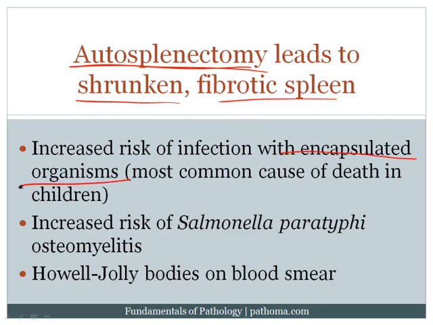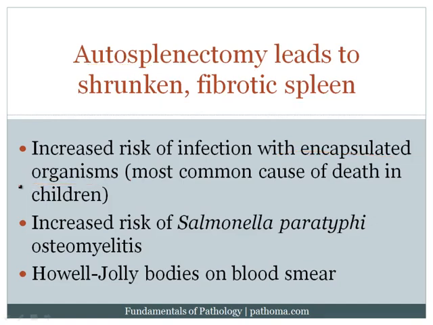For example, H. flu, strep pneumo, and this is very important because it's the most common cause of death in children with sickle cell disease. So it's very important to vaccinate these kids against the bugs that they're most likely to be infected with. That's one complication of autosplenectomy.